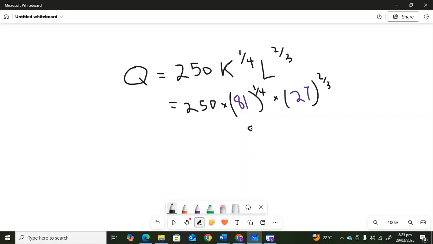So you can write 81 as 9 squared. 9 squared to the power 1 over 4. Then you can multiply these, 2 times 1 over 4. What is 2 times 1 over 4? That is 1 over 2.